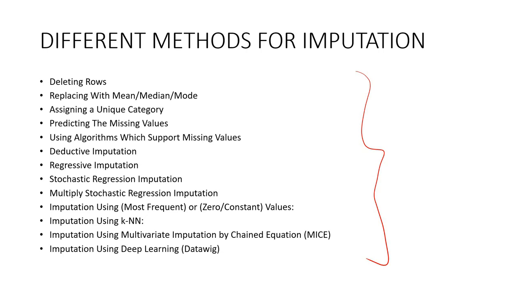There are different techniques we can use to find out the missing values. I will be discussing around 6-7 important techniques that we usually follow in our projects. That's what I am going to discuss in this video.